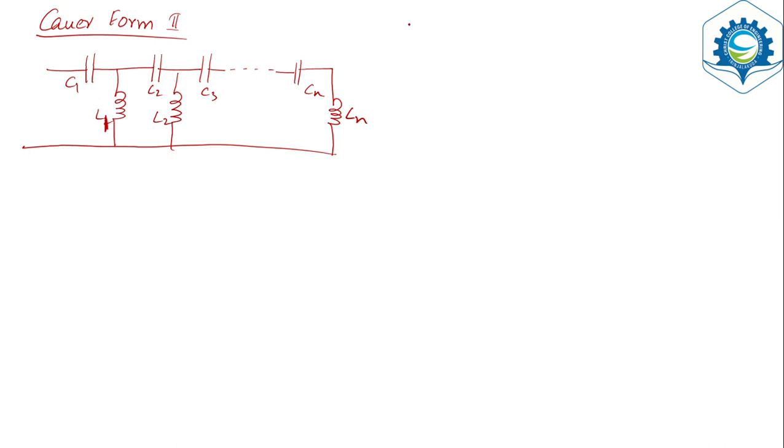We need to find the Cauer form 2 of the function given here, that is s raised to 4 plus 4s square plus 3, whole divided by s cube plus 2s. In Cauer form 1, we checked the degree of the polynomial, whether the numerator or the denominator was greater.